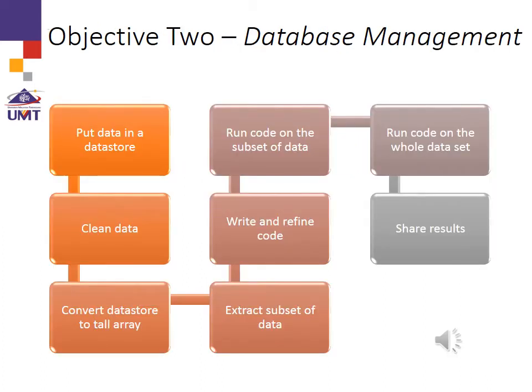Now let's move to objective 2, which is database management. The driving data from MySQL will be exported to the MATLAB software, and then the data will be put in a datastore, and then we will pre-process all the messy data, and then convert the datastore to a tall array, and then extract a subset of data that we need.